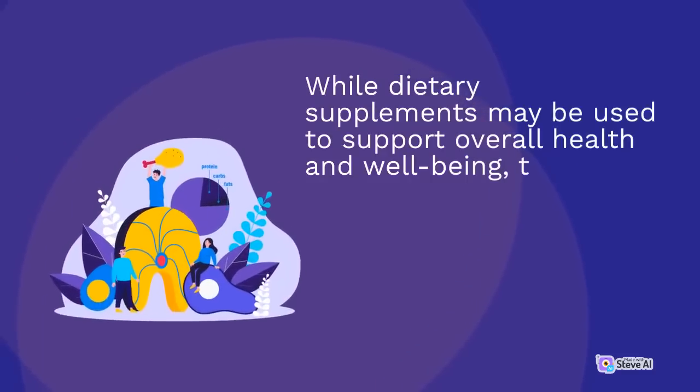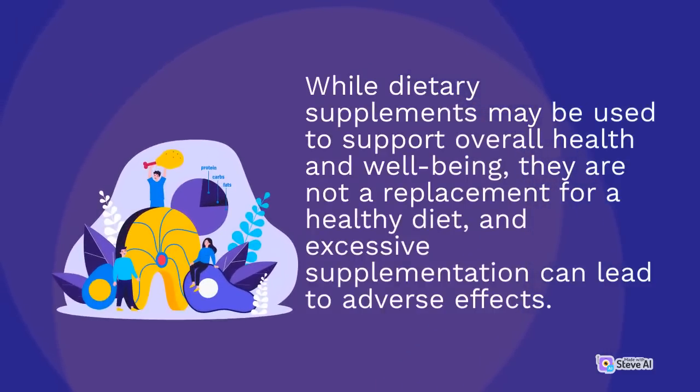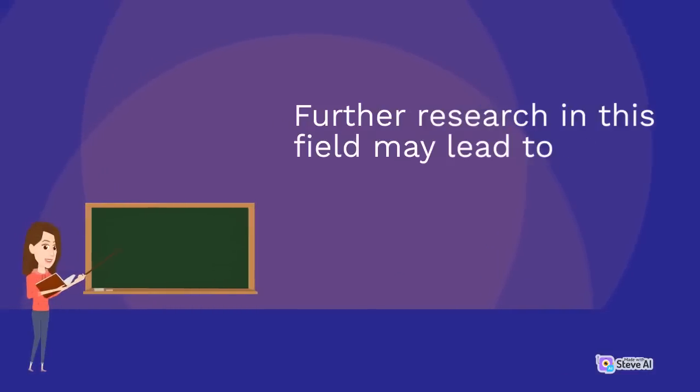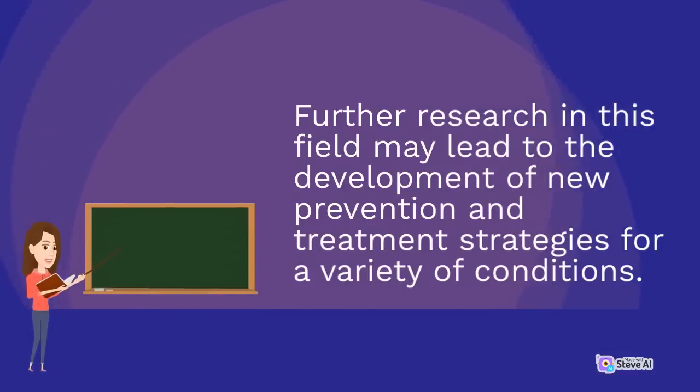While dietary supplements may be used to support overall health and well-being, they are not a replacement for a healthy diet, and excessive supplementation can lead to adverse effects. Further research in this field may lead to the development of new prevention and treatment strategies for a variety of conditions.